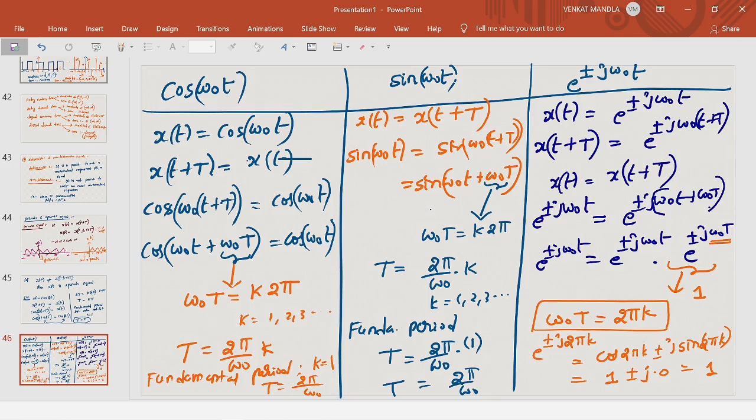Same as above. So the fundamental period T equal to 2 pi by omega naught here also. So for all these signals, cos omega naught t, sin omega naught t, e power plus or minus j omega naught t, the fundamental period T is 2 pi by omega naught.